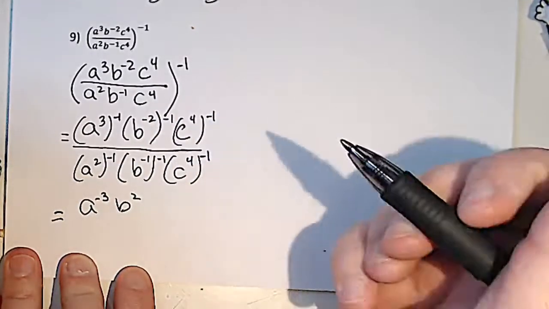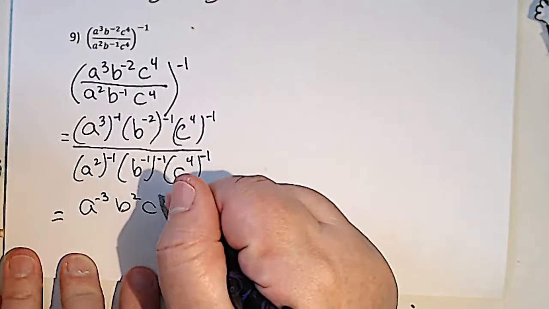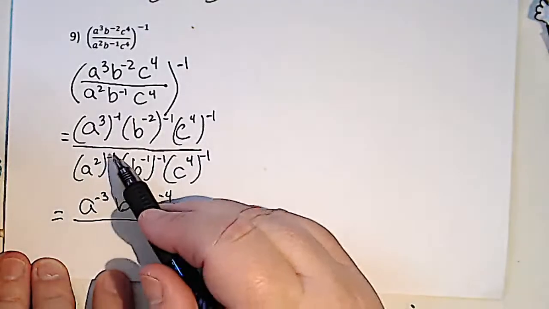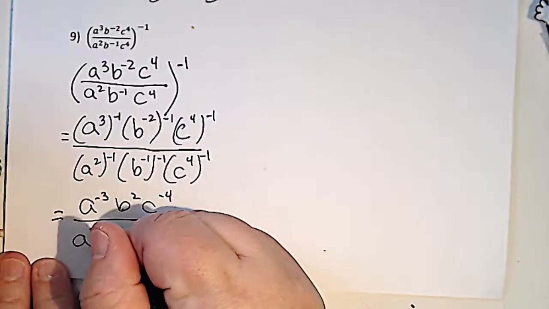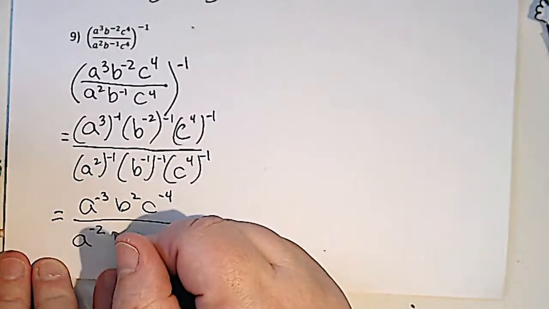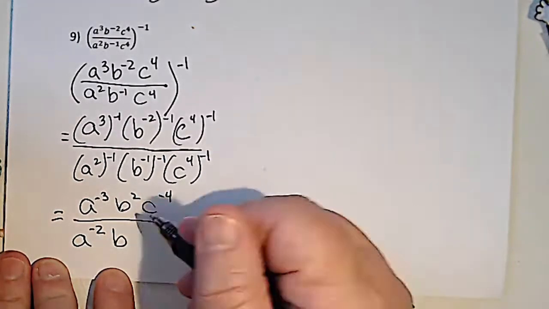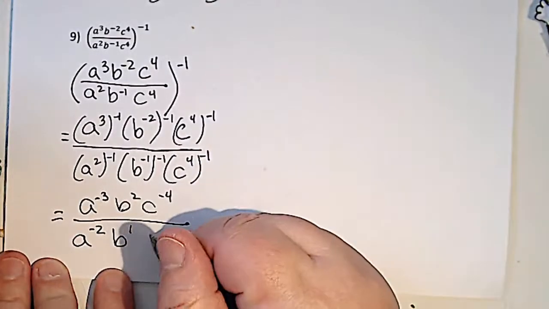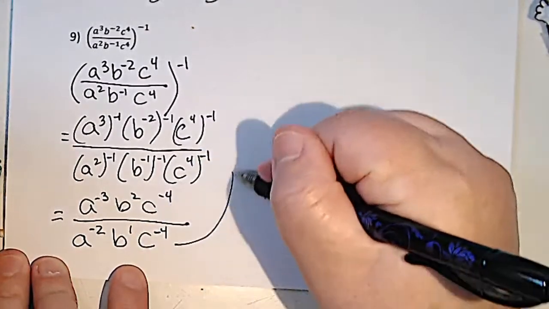C to the 4th times -1, c to the -4. Down below, a squared to the -1st, a to the -2, b to the -1st and -1, b -1 times -1 is +1, you got it. C to the 4th to the -1st is c to the -4th.